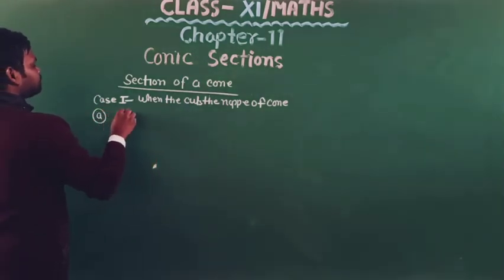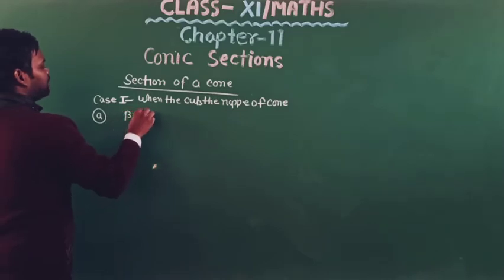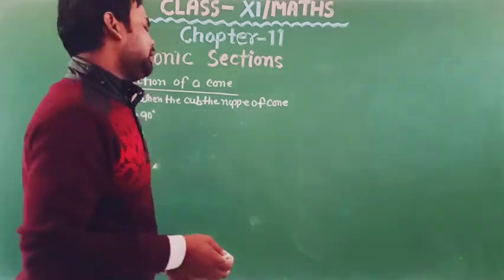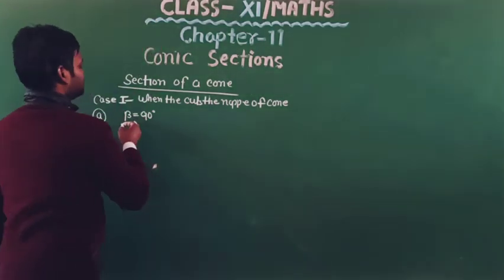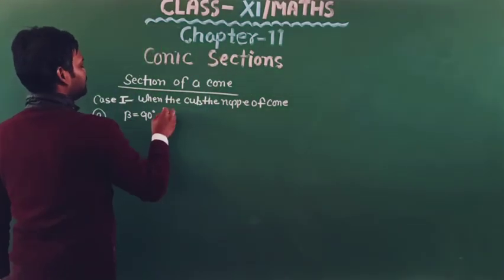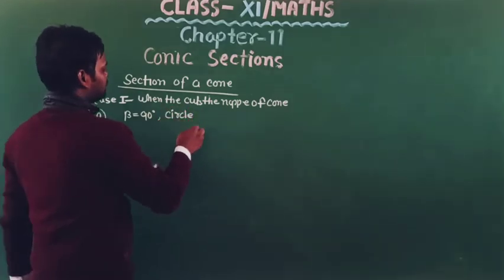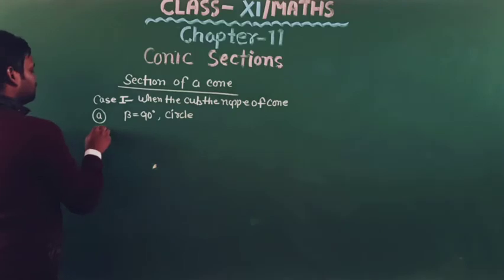If beta equals 90 degrees, that is, the angle between the axis and the plane is 90 degrees, in this case the section obtained is called a circle.